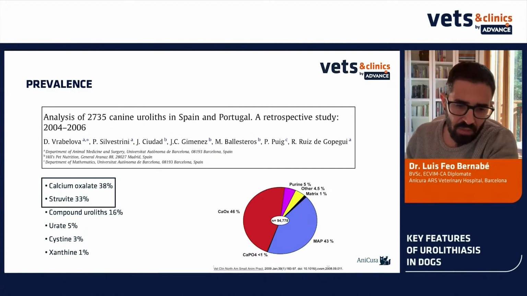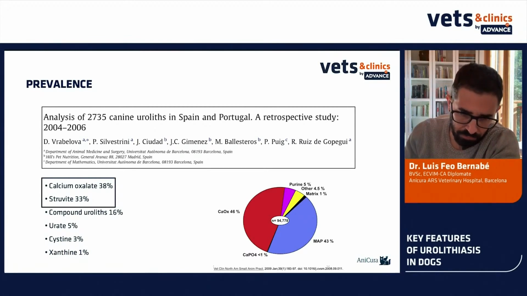Other less common stones, or calculi, or uroliths are urate, cystine, and xanthine. This is a paper from Spain, but actually there are papers from everywhere in different parts of the world, and the common thing in all the papers is that calcium oxalate and struvite are the two most common.